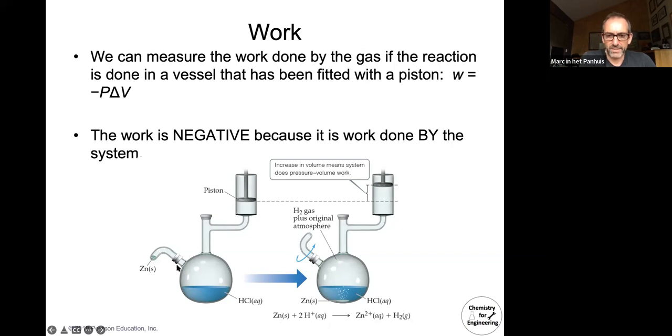So if we add zinc in here, you close the system off. So we are again working with an enclosed system. You let the reaction proceed. There will be some bubbles happening that increase the pressure inside the system. And if the piston can freely move, then as a result of the change in the volume and the pressure, you can work out what work is done on the system.